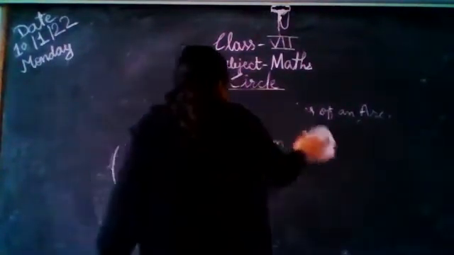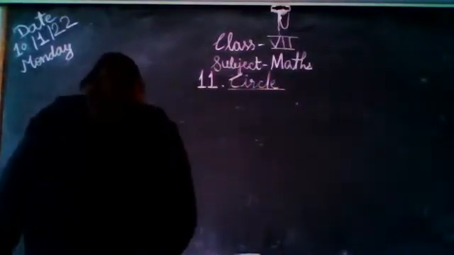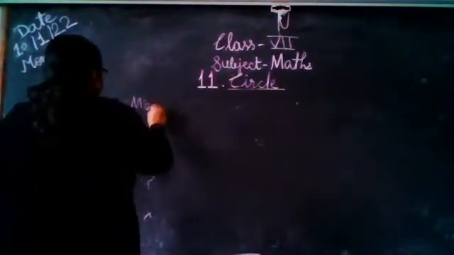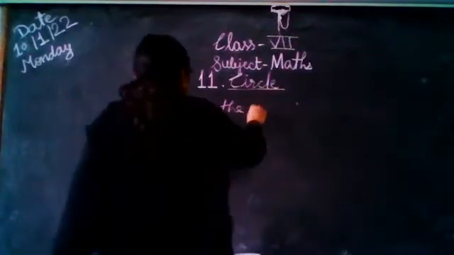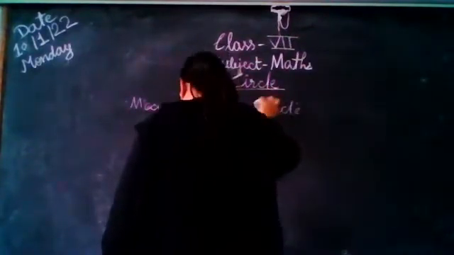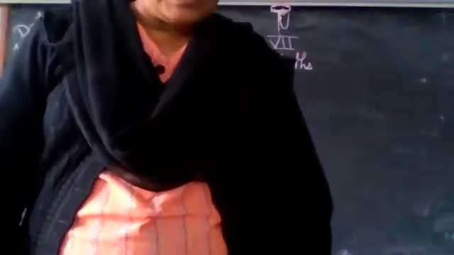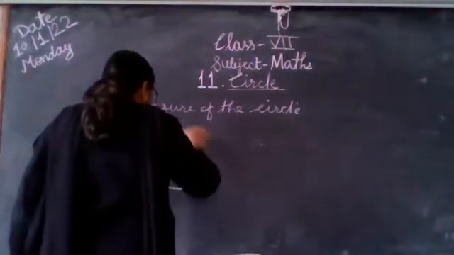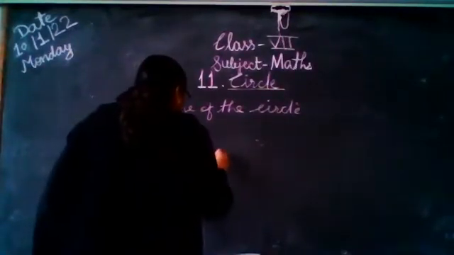Now see the measure of the circle. When the radius OA of a circle turns anti-clockwise, okay, see, it is the circle, here is the center O and OA is the radius.